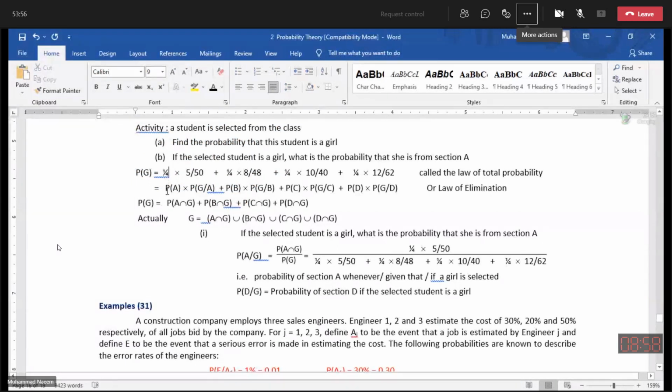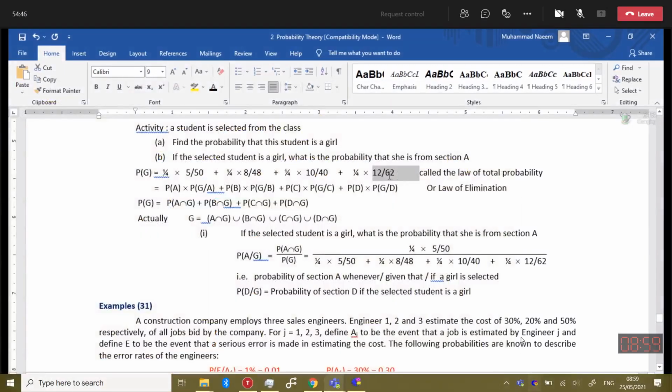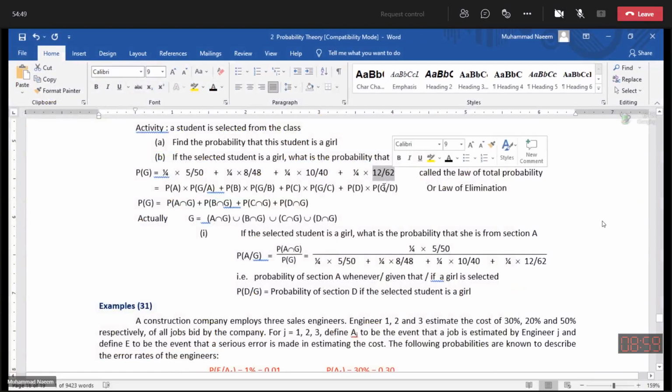As this 1 by 4 is the probability of A, and this is the probability of a girl from A. So we denote properly these probabilities. This is B, and this one is the probability of G depending upon B.